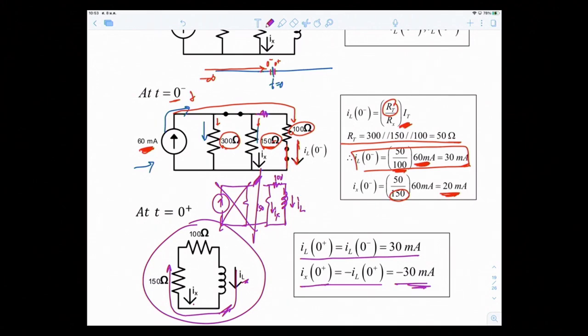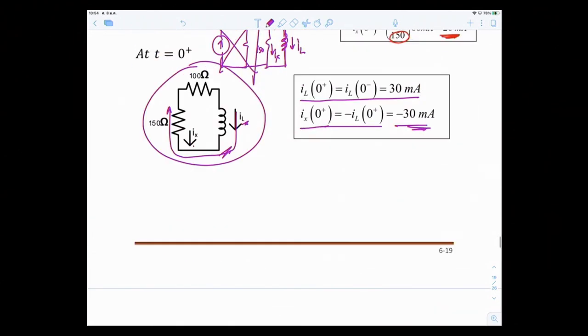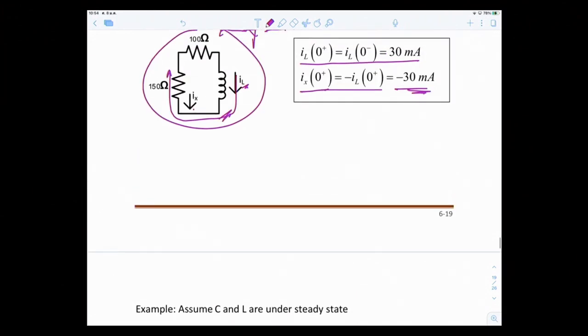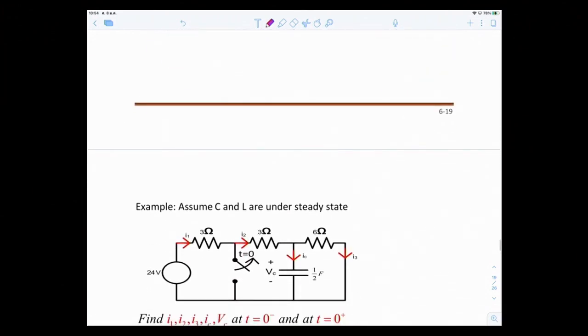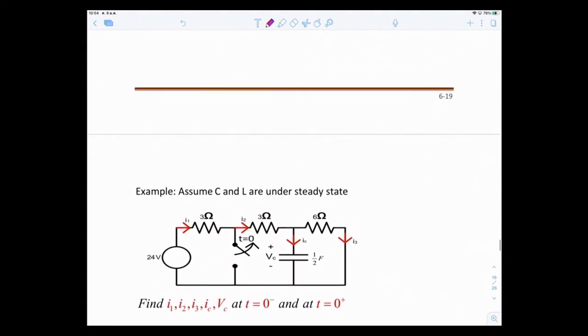Get it? So this is how you analyze circuits with switches, inductors and capacitors. All right, you can do this as homework. Pause it and draw it.